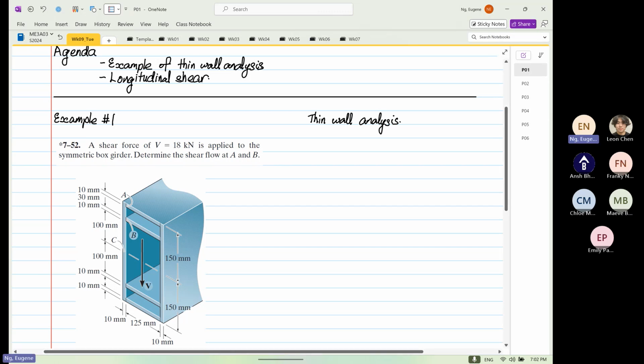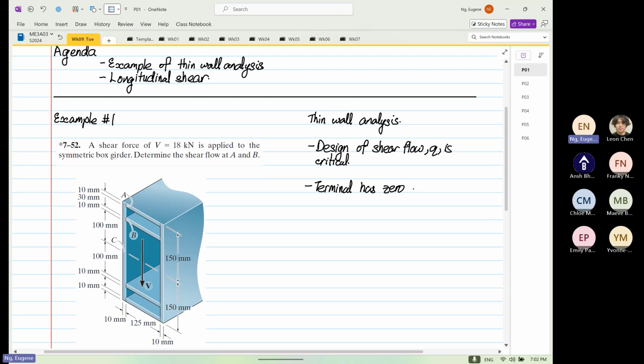So a few things to consider doing thin wall analysis is the design of shear flow, which is Q, is critical. Okay. The next thing that we learn is the terminal has zero shear flow or shear stress.